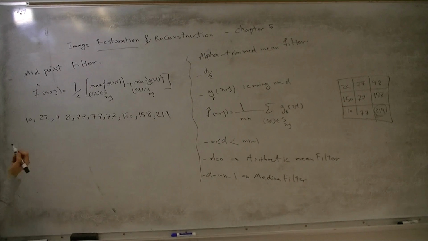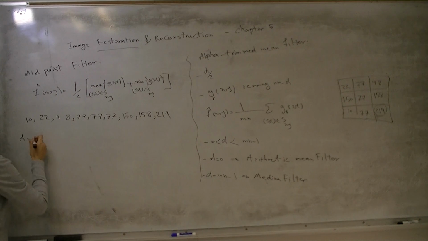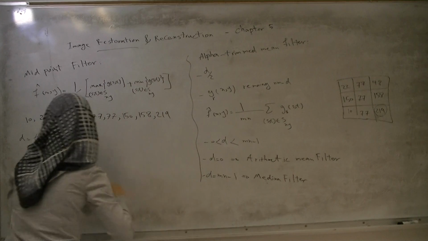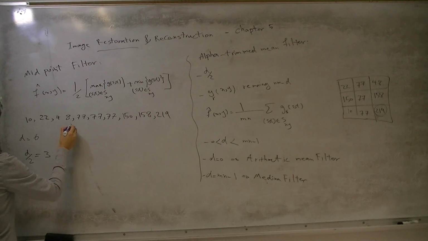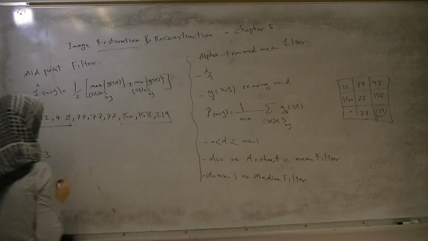If we take d equal to 4, we should take 3 of this side and also 3 of this one.